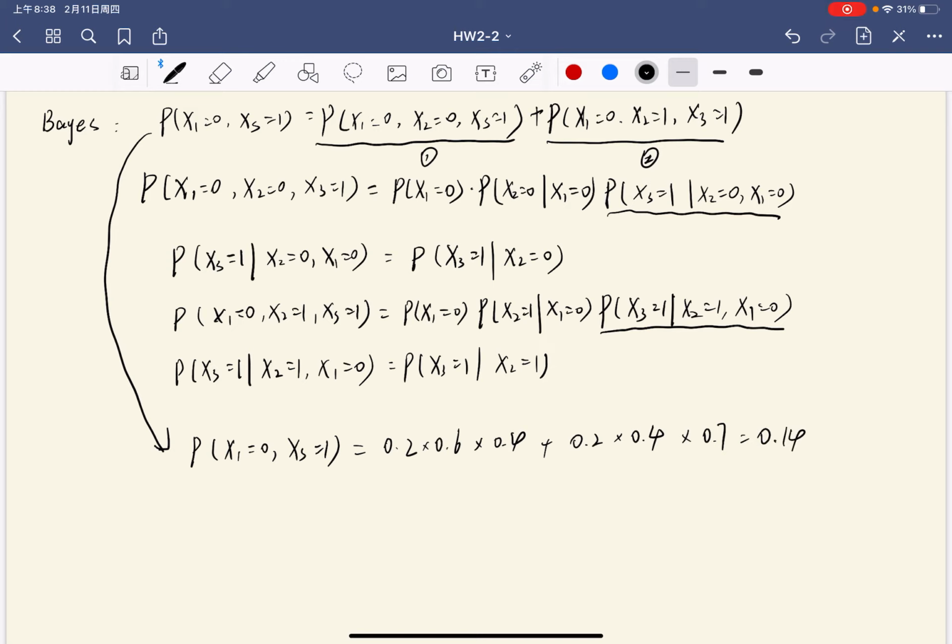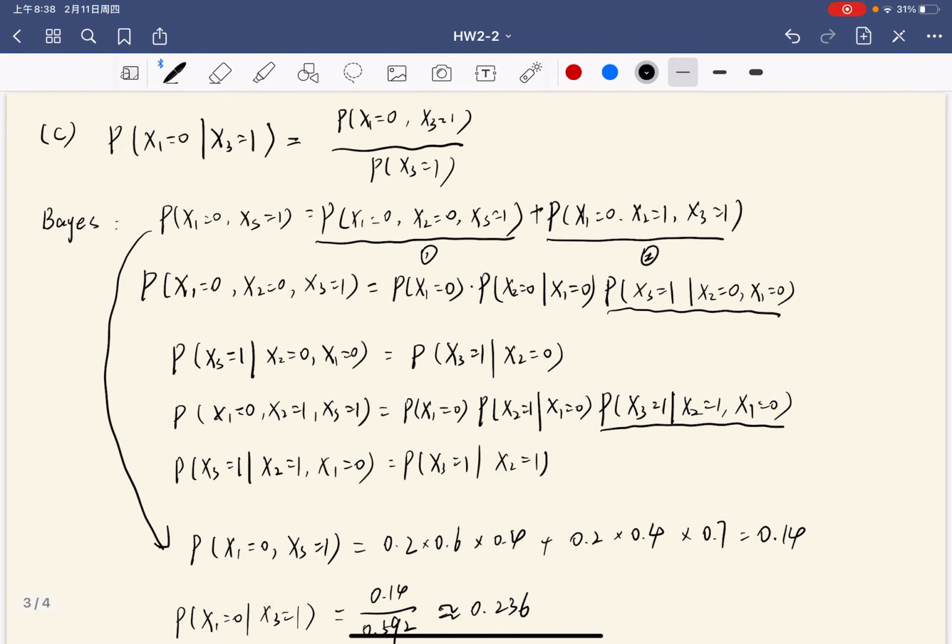So using the conditional probability, P(x1 = 0 and x3 = 1), which is 0.14, divided by 0.592 gives approximately 0.236. So this is question C.